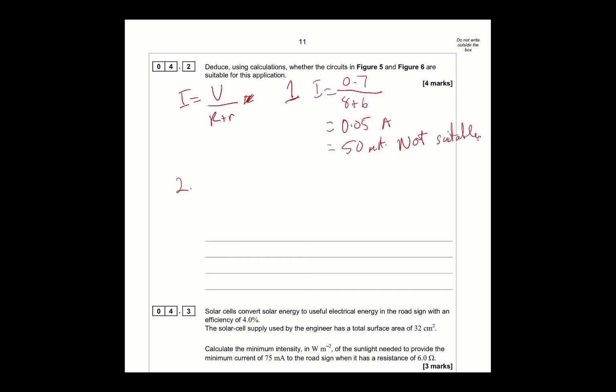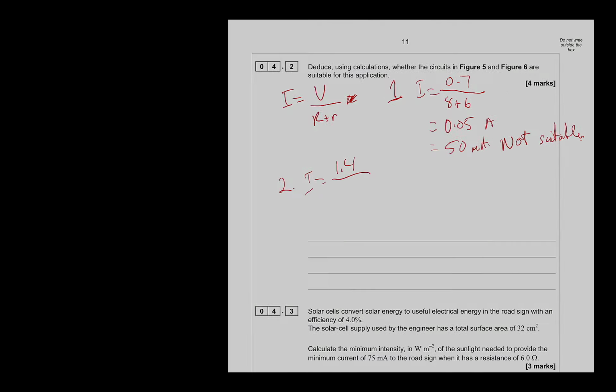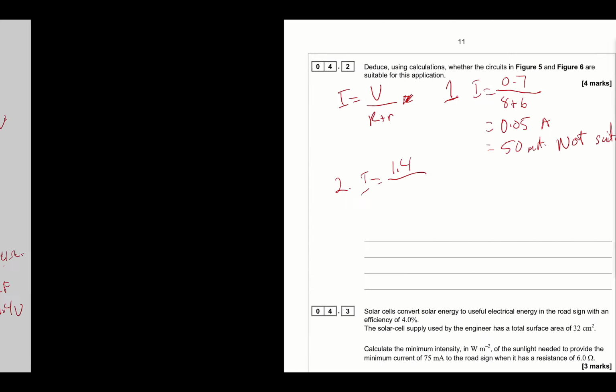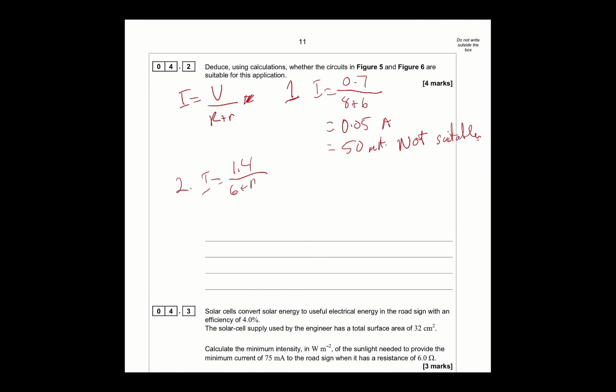Okay, circuit 2. I is equal to 1.4 divided by 12 plus 6. 6 plus 12 is 18.